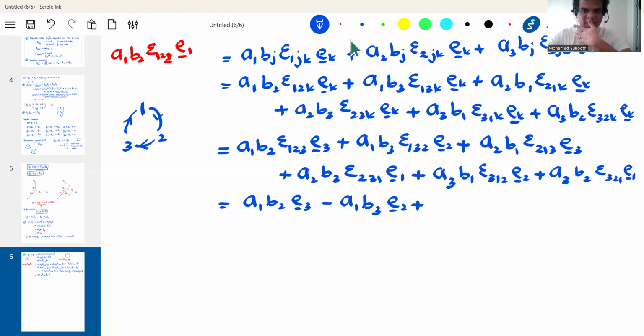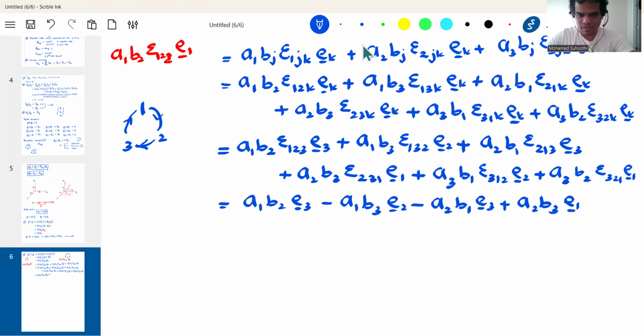Plus. Now this term 2, 1, 3. 2, 1, 3 again the opposite order, minus 1. Therefore I will take minus here. So this is A2, B1, E3. Here 2, 3, 1. 2, 3, 1 plus 1. So therefore plus A2, B3, E1, right?